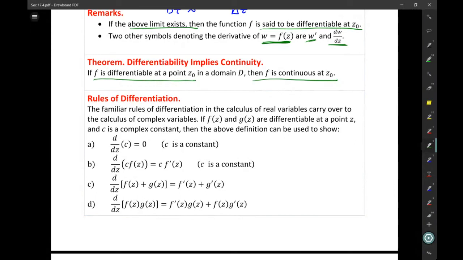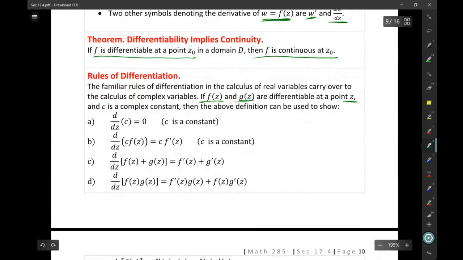طيب الآن, if we have the two functions f of z and g of z differentiable at the point z. First of all, d by dz for any constant is equal 0, which is the same rule of calculus with real numbers. d by dz for a constant times f of z is equal c times the derivative of f.